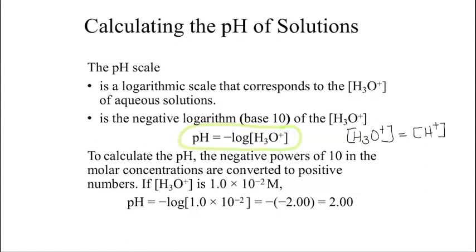So for those students that have other chemistry classes, the reason why this value is 2.00 is because the Sig Fig rules for logarithmic equations establish that if this has 2 Sig Figs, meaning your concentration of hydronium, your concentration of hydroxide, your concentration of hydrogen ion, then pH must have 2 decimal places, okay?